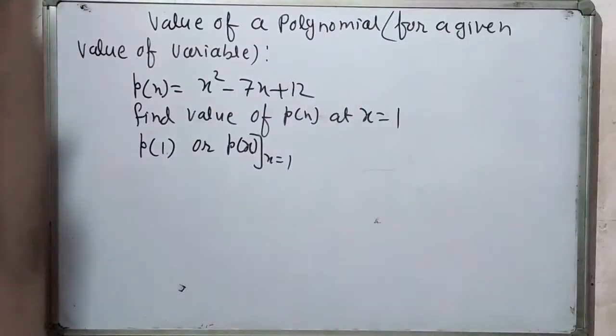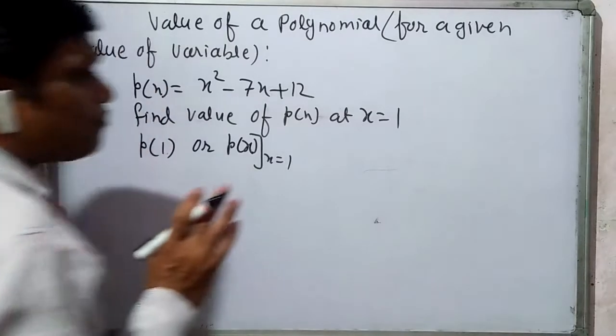We may write it as p(1), that is the same as value of polynomial at x equals 1, or we may write p(x) with a square bracket, and in the lower case write x equals 1. Right? Both have one and the same meaning.